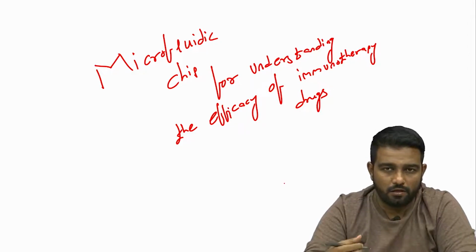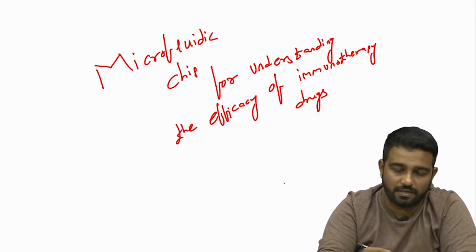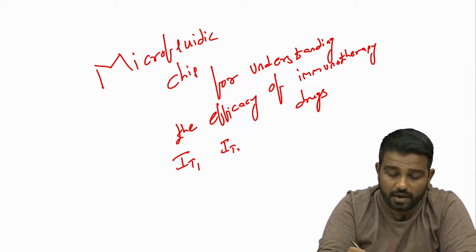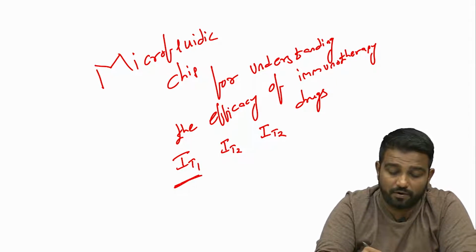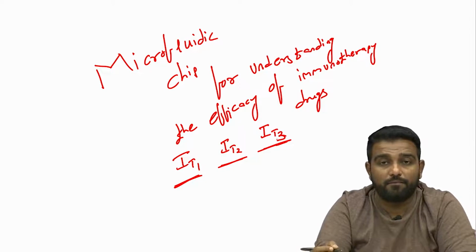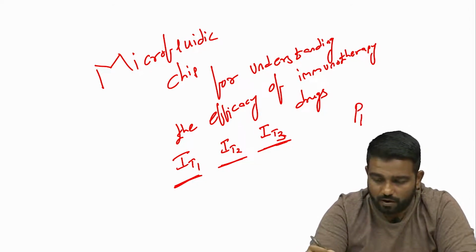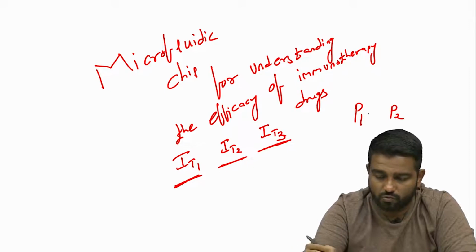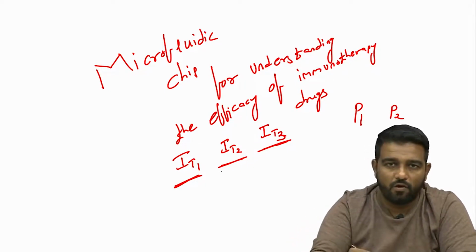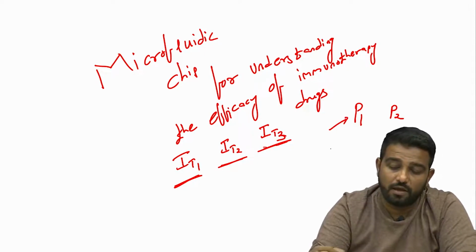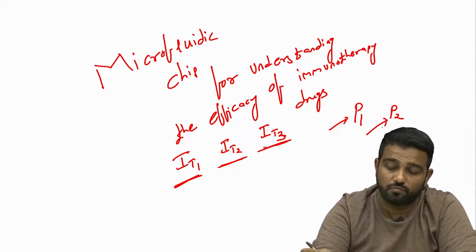All right. So, the idea here is that there are 3 drugs, IT1, IT2 and IT3. These are immunotherapy drug 1, immunotherapy drug 2, immunotherapy drug 3. For a given case, there are patient 1, patient 2, okay. There are 2 patients. We have to decide which drug out of 3 to give to patient 1 and to patient 2.